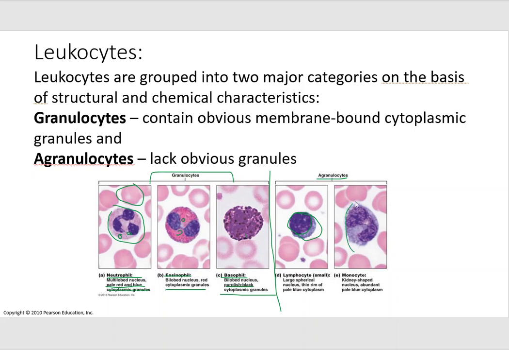And then finally we have the monocyte. These guys are going to become macrophages. These guys have got horseshoe or kidney shaped nuclei. There are no granules in there, and the biggest thing is these guys are the whopping biggest of the white cells.